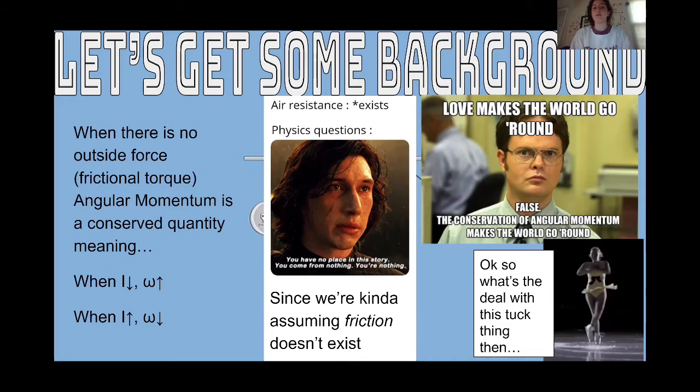But in that scenario, frictional torque is what eventually slows the top down. However, in this scenario, there's such low friction between the blade and the ice that we just assume there is no frictional torque, which means that altering one variable in the equation will cause the other to compensate. So now we'll get into how this relates to the ice skater's actual movements.